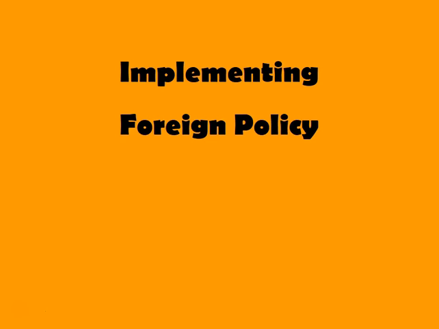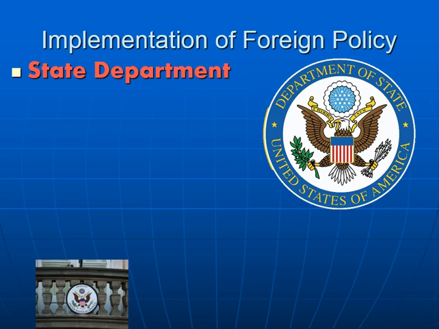When it comes to implementing American foreign policy, there are a number of parts of the government responsible for this. And of course, the president, the executive branch, is in charge of our foreign policy. But usually the president can't take care of things on his own, and so it's one of his cabinet departments, the State Department, which is headed by the Secretary of State, who is in charge of taking care of our foreign policy.